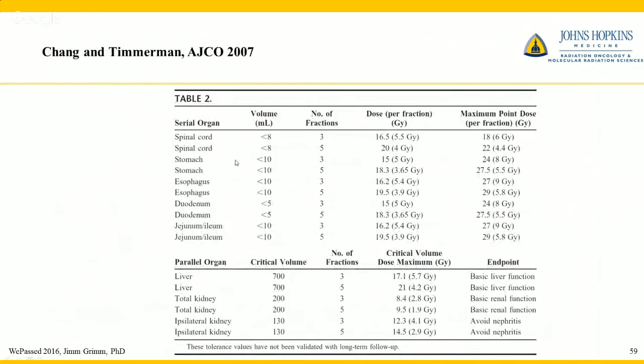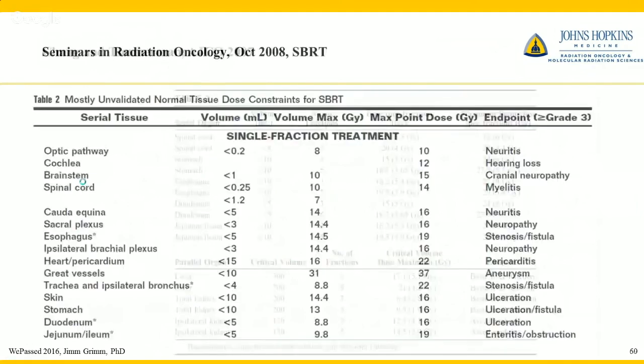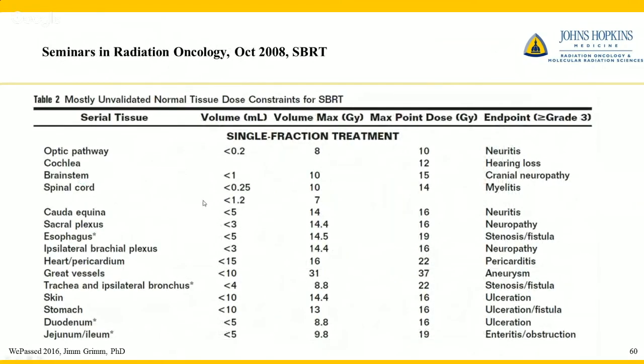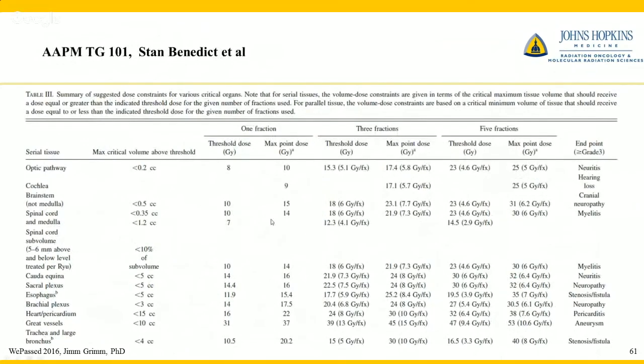So this was the first large scale table of his that I found in 2007, followed by seminars in radiation oncology in 2008. And then TG101 is the latest update of that, which was an AAPM study.